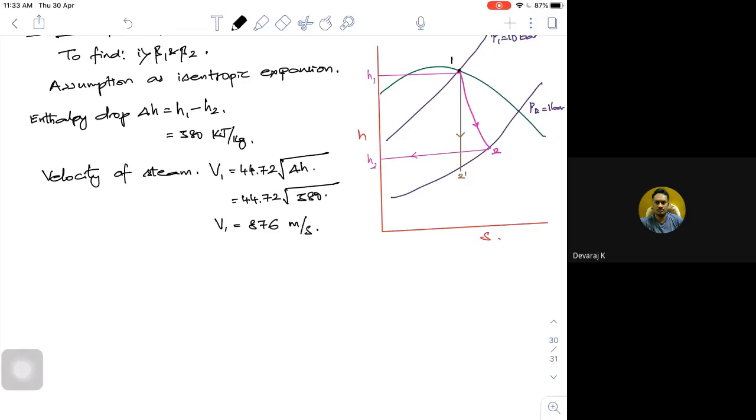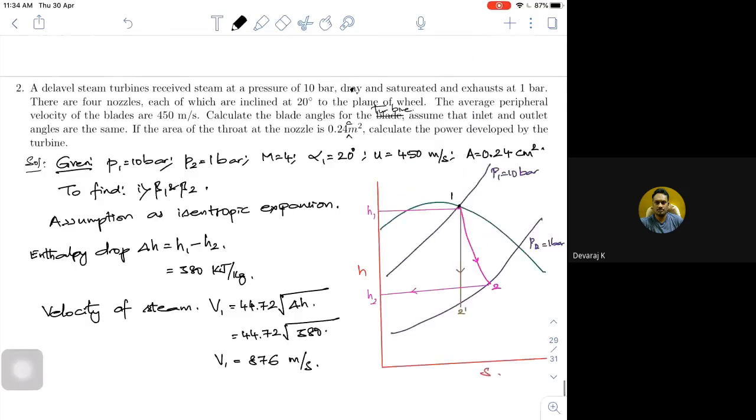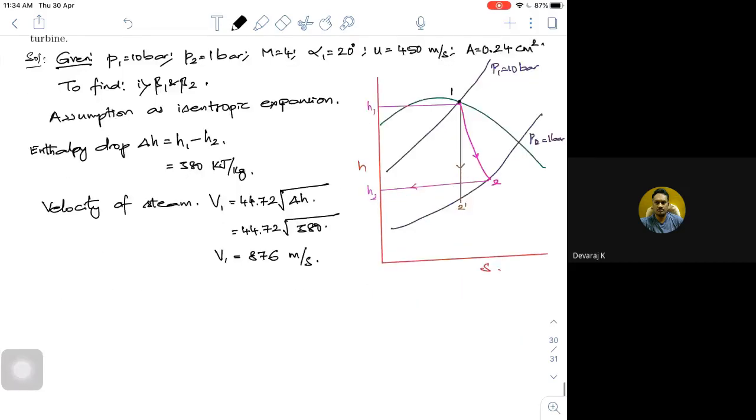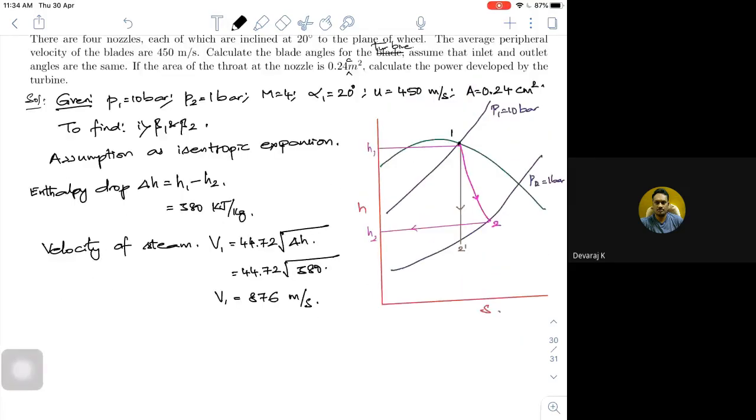Okay. They have given U as 450 meters per second, which is already given in the problem, and alpha 1 is equal to 20.